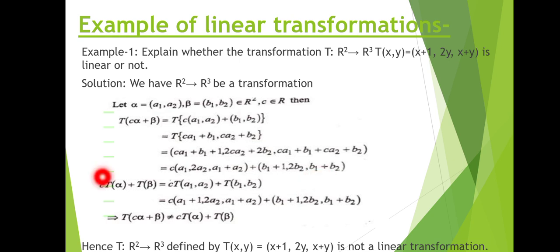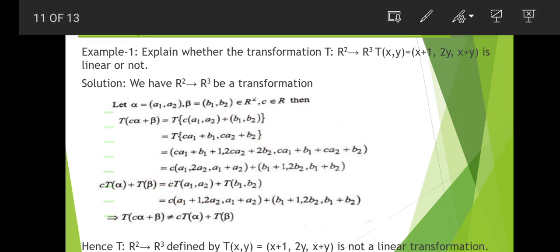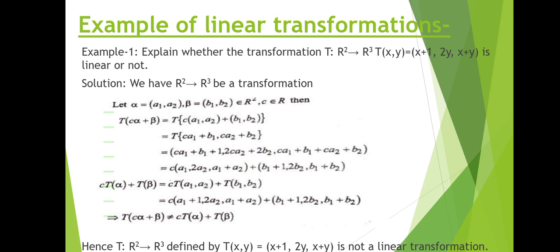Now we write cT(α) + T(β), which is equal to cT(a1, a2) + T(b1, b2). Then we get c(a1 + 1, 2a2, a1 + a2) + (b1 + 1, 2b2, b1 + b2).